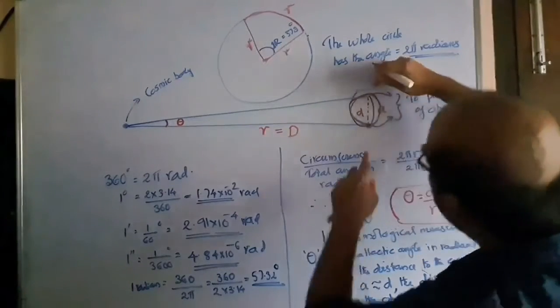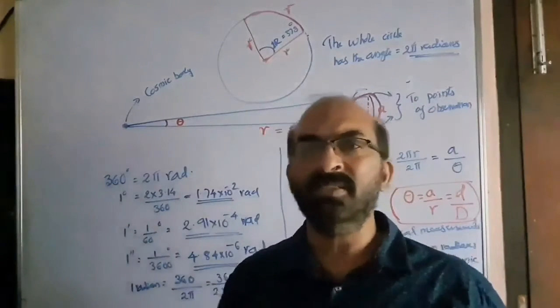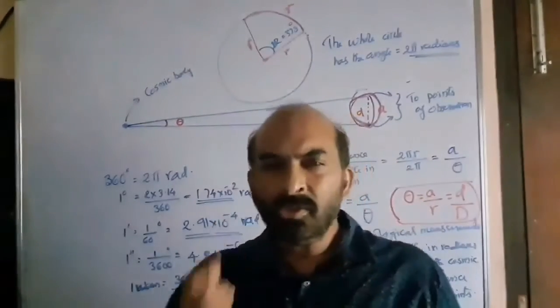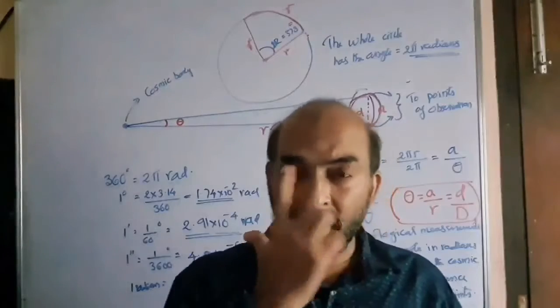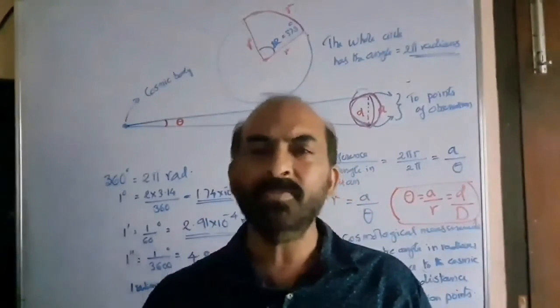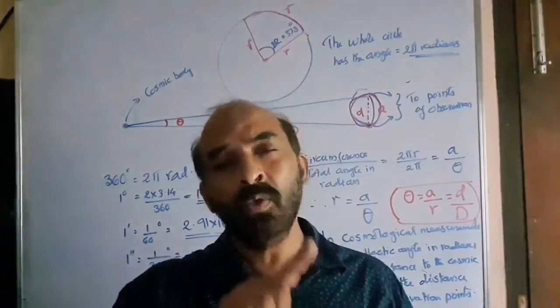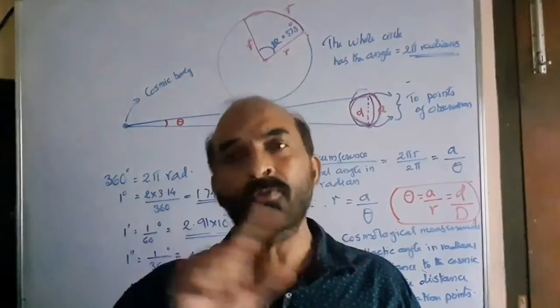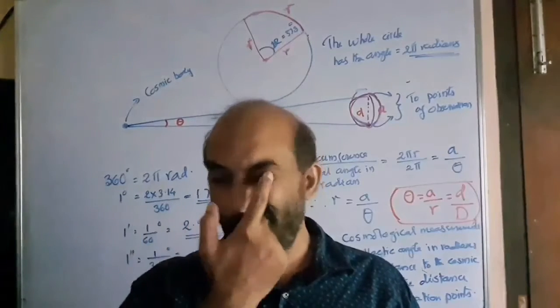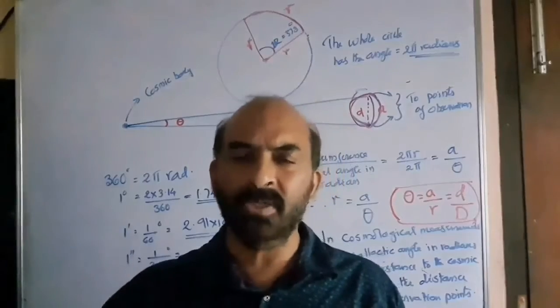Since we are measuring very large distances, we cannot depend upon our eyes alone, because the distance between these two eyes is extremely small compared to cosmic distances. So here we want two distinct points of observation.